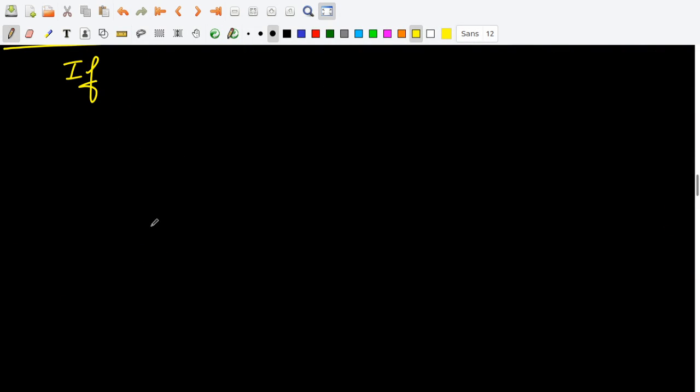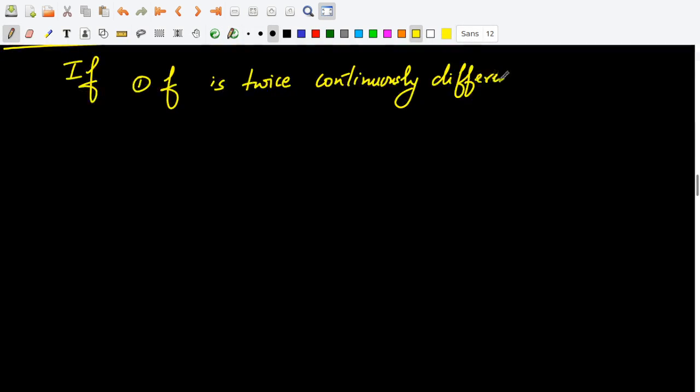First is, as usual, I want f, my given function, to be twice continuously differentiable. If you remember some of the results from the previous chapter, we were talking mostly about gradients only. Now since we are talking about Hessians also, we want twice differentiability as well.